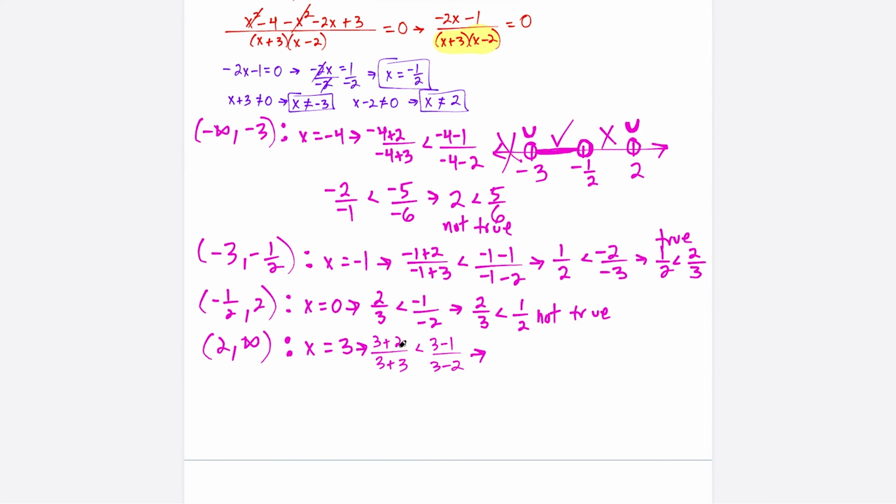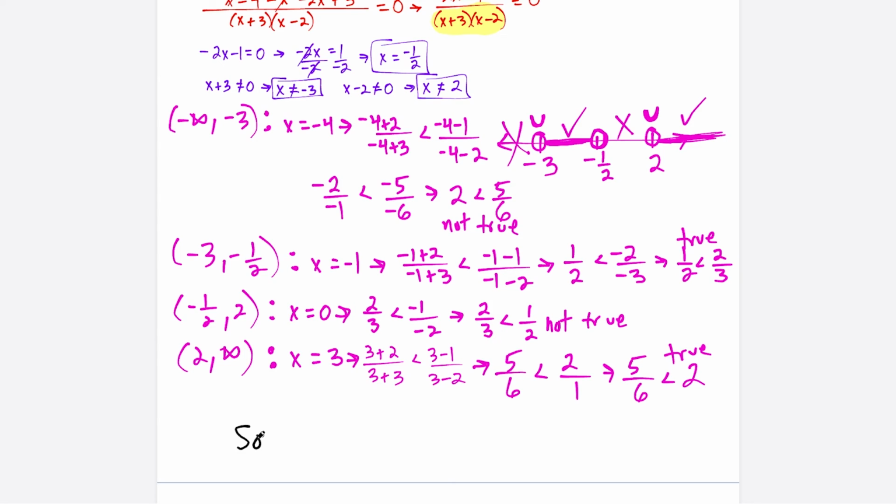We can work it out: 3 plus 2 is 5 over 3 plus 3 is 6, is less than 3 minus 1 is 2 over 3 minus 2 is 1. And this is a true statement. 5 over 6 is definitely less than 2 over 1, which simplifies to 2. This one here is true, which means this space is part of the solution set.